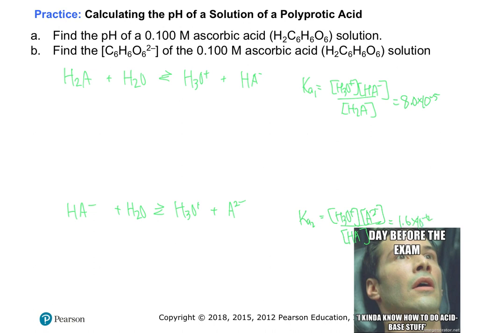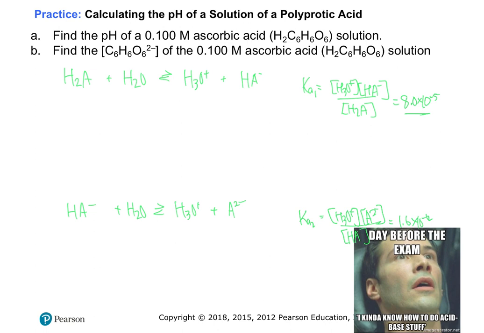So when I'm trying to find my pH, these numbers are so far apart that I just have to look at the first Ka expression. But for part B, I want to find the completely deprotonated ascorbate.